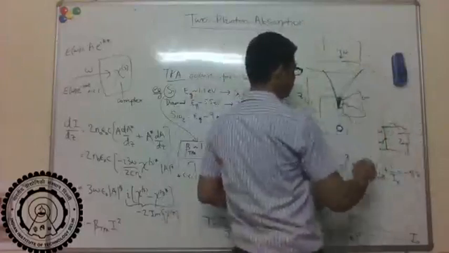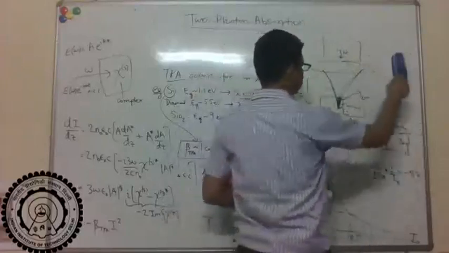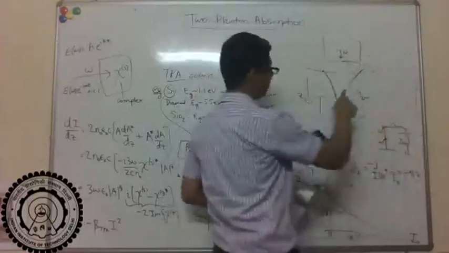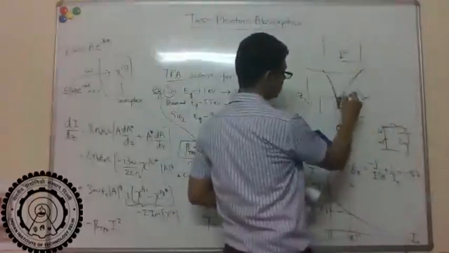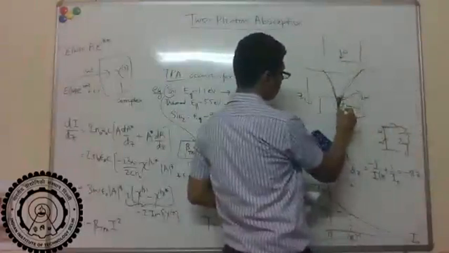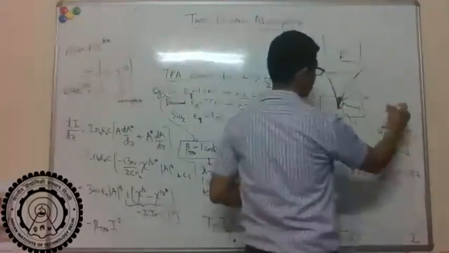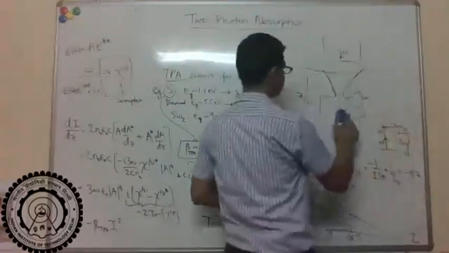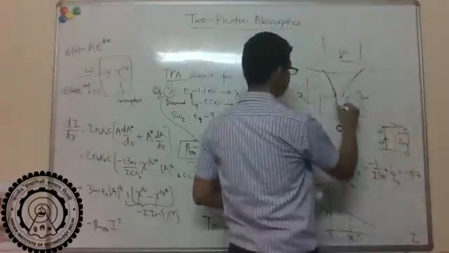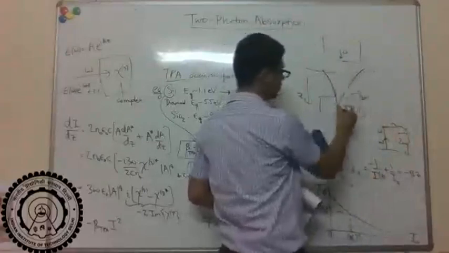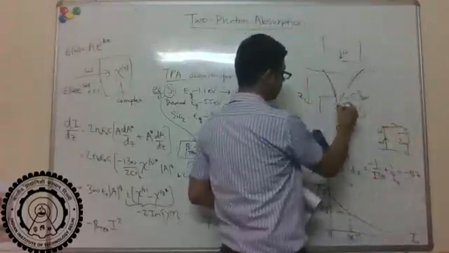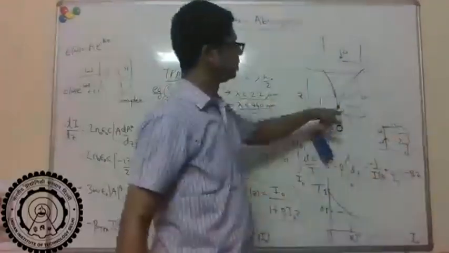So you look for that fluorescence, right? Then that will be proportional to I squared. So this is a spot which is focusing down. I squared will vary in a much faster fashion than the linear. So mostly you'll get fluorescence from here, near the spot.